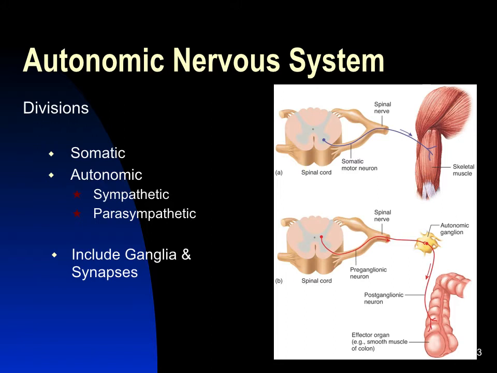We're talking about smooth muscle. And this network contains two neurons. Unlike somatic nerves, which have one neuron that goes from the central nervous system to skeletal muscle, the autonomic nervous system has a two neuron pathway that goes to smooth muscle, cardiac muscle, or glands.